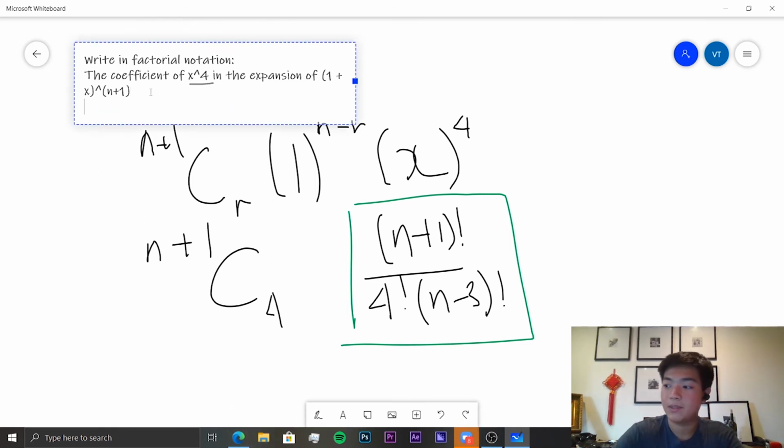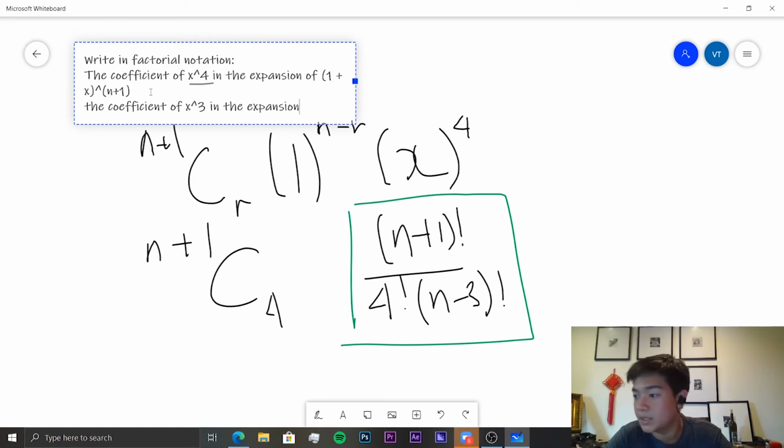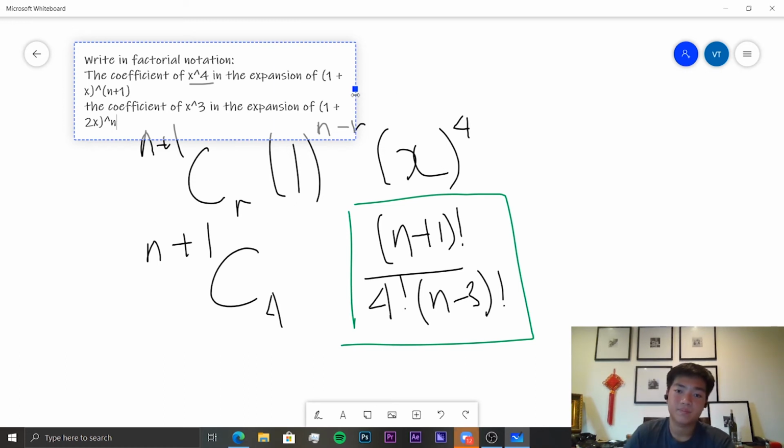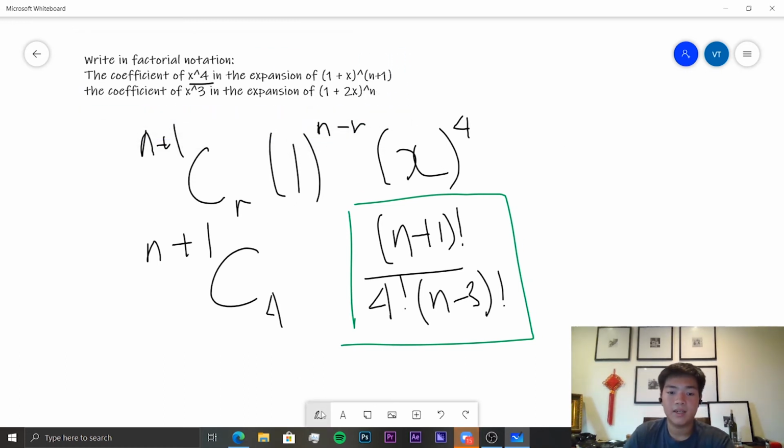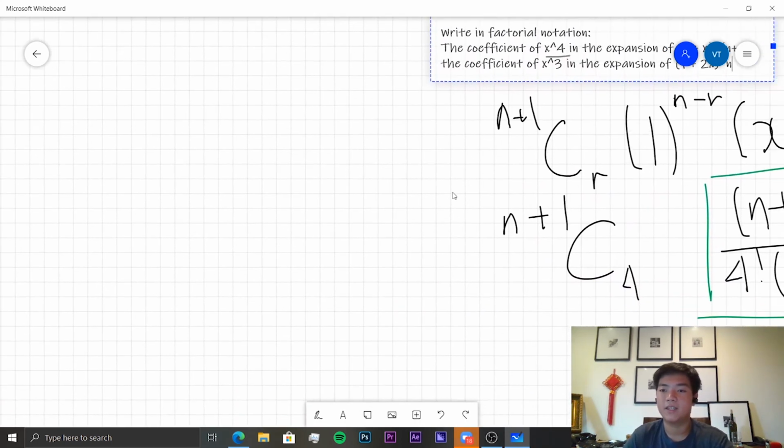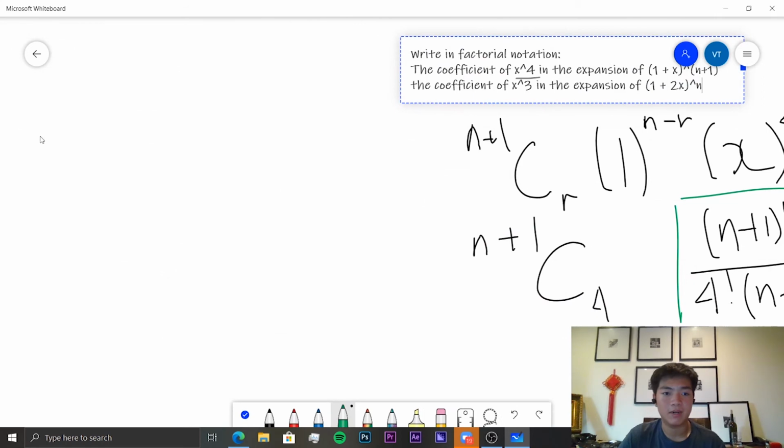Now, there's more steps to this problem. So the second step is we need to find the coefficient of x cubed in the expansion of 1 plus 2x to the n. Okay, and so what would the coefficient of x cubed be in this expansion? Let's write it out.